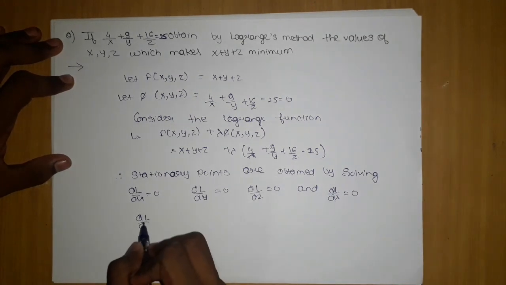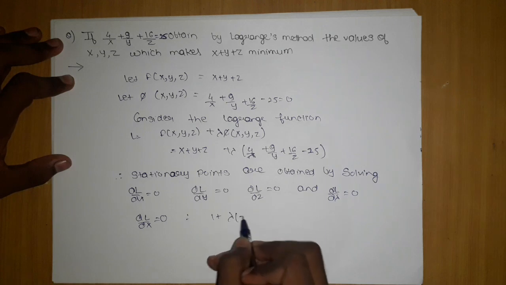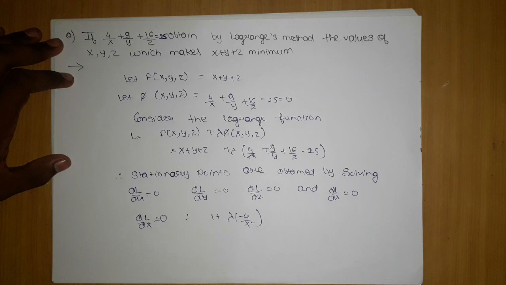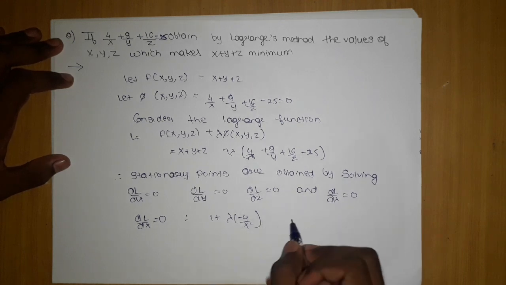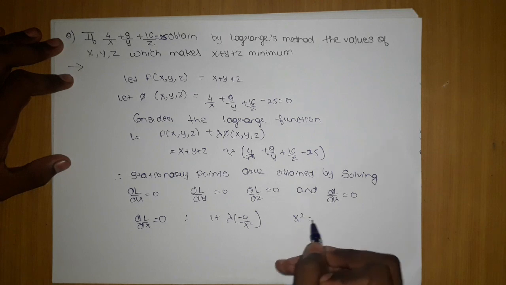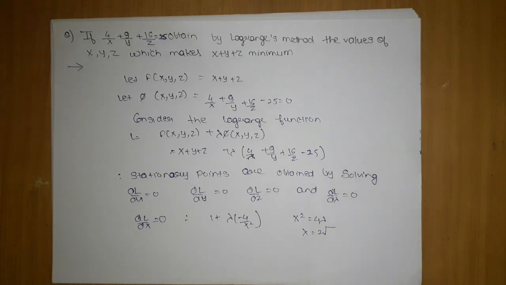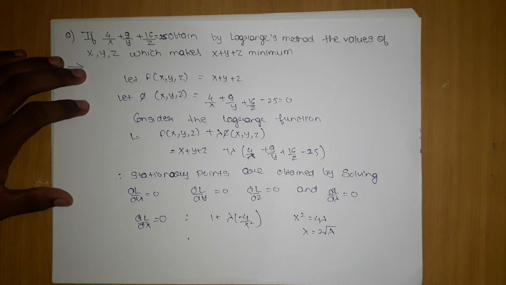So dou L by dou x equals 0 is nothing but 1 plus lambda times minus 4 by x square. So here what we can see is x square is nothing but 4 lambda, so we can get x equals 2 root lambda.